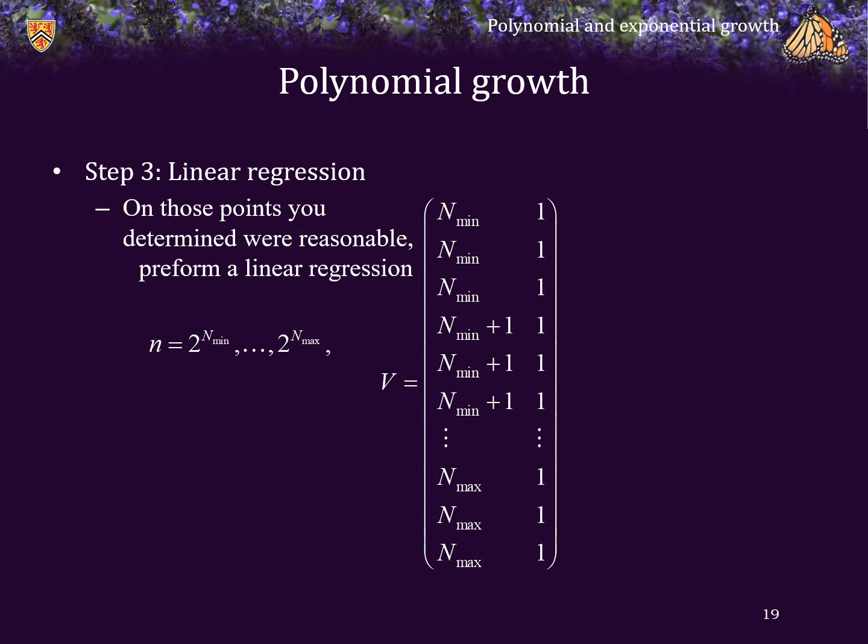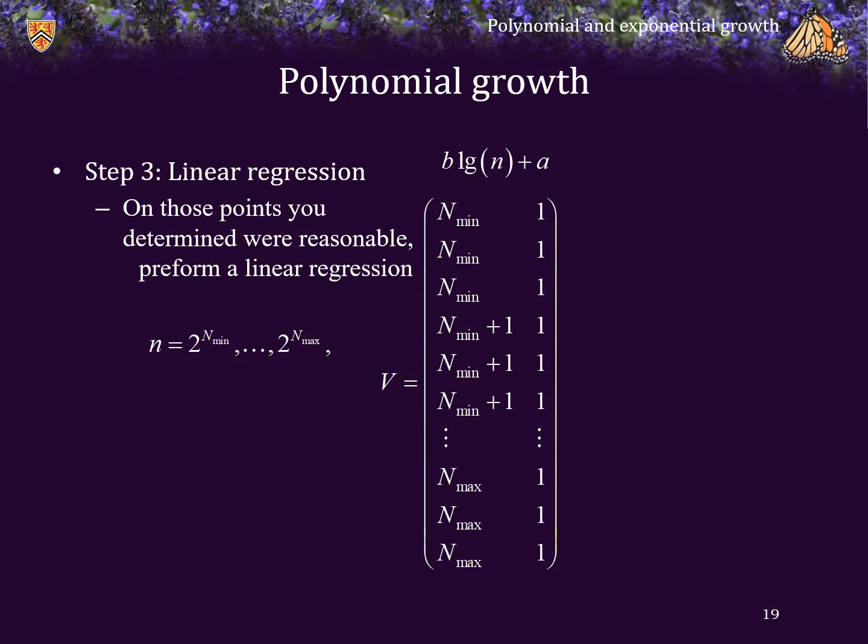Now, the two functions that we have, here's the Vandermonde matrix, are b times log base 2 of n plus a times 1. Well, log base 2 of 2 to some variable is just that variable.